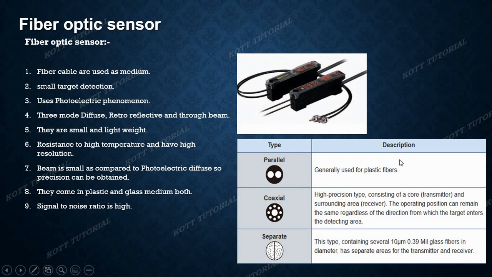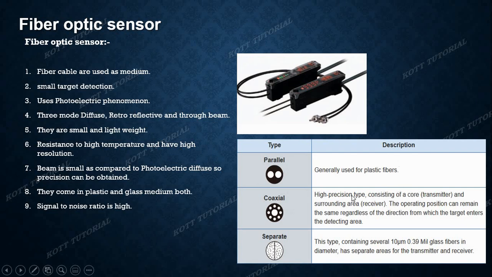Generally these are plastic fibers. If I am holding the fiber sensor and seeing through it, I can see this structure. A transmitter would be there, a receiver would be there. This parallel type is nothing but the plastic fibers.